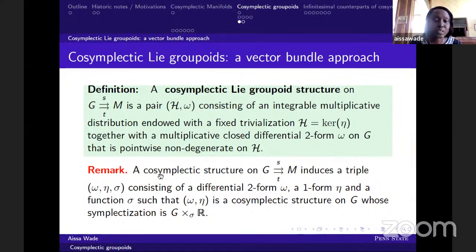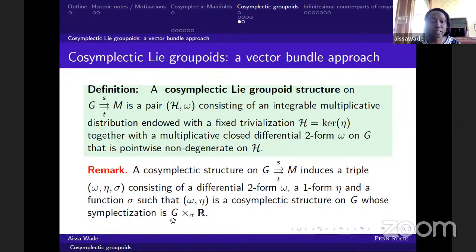So as a remark, you see that from this definition, if I have a cosymplectic structure on G, then I get a triple, which is omega, eta, and sigma. So omega, eta is the cosymplectic structure on G, and sigma is a multiplicative function.